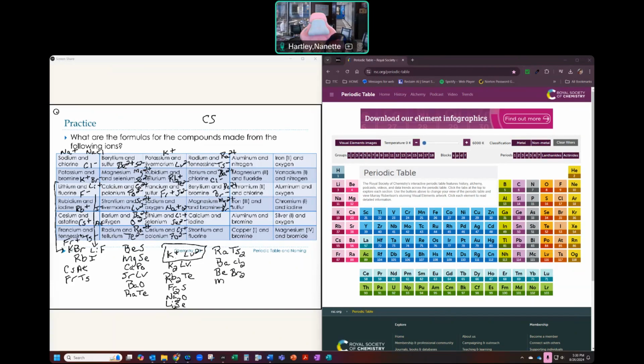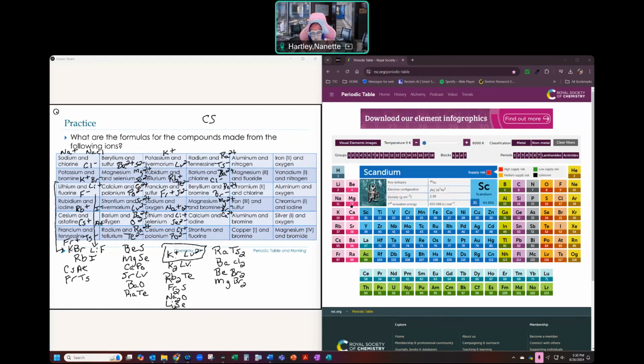So MgBr2. Okay. We need to find calcium. And I know calcium should be in this column. He's a Ca2+. Yes, he is. And of course, I can find him again on the periodic table. If I do that, he's right here. So he's going to be a 2+.